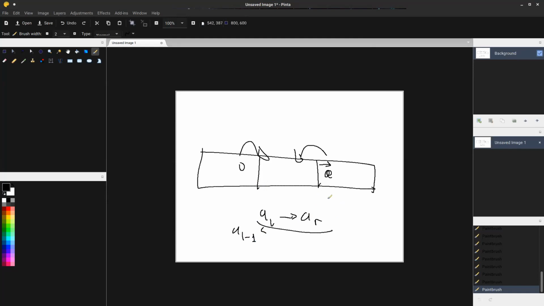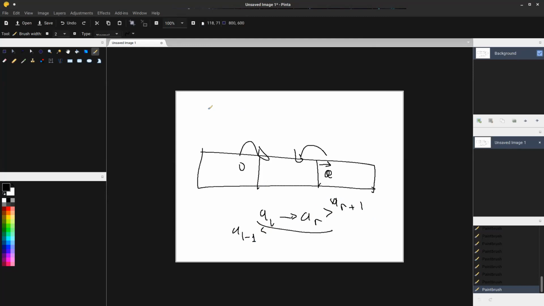Similarly, another case is that AR plus 1 is larger than all of these values. Then I can just extend it to the right and I also have a sorted subarray, without using additional reversing operations.